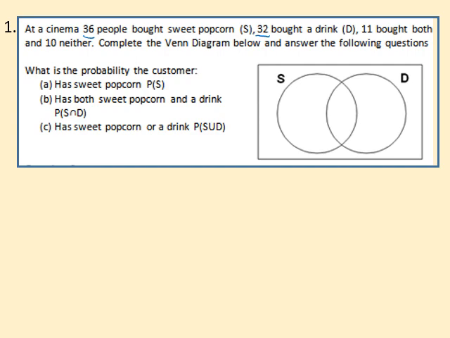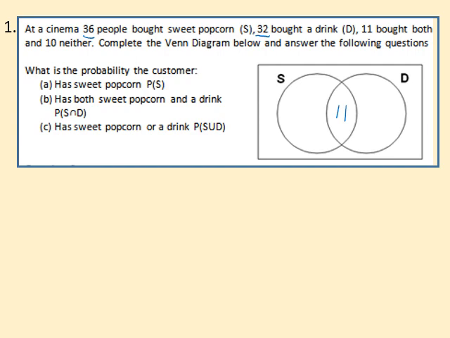What I want you to do on these types of questions is always try and fill in the middle bit first if you can do. So we're going to write that there's 11 people in this section here. Now, that means that in the circle for S, in total, I need to have 36 people.